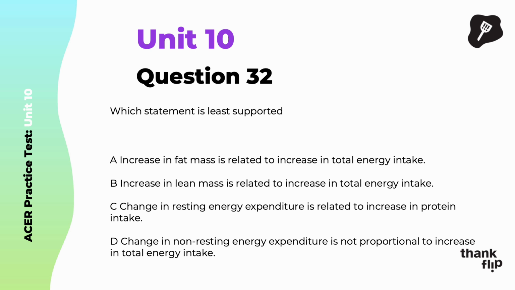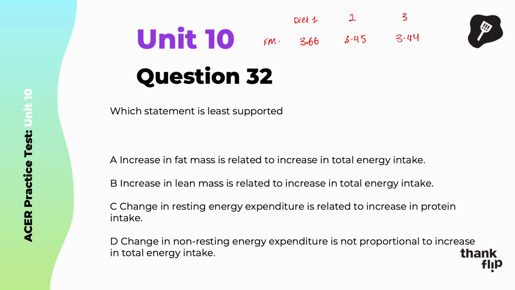Starting with A, it says an increase in fat mass is related to an increase in total energy intake. So now we have to go through and look for fat mass, and you can find that in table 2. So fat mass goes from 3.66 in diet 1, 3.45, and 3.44.